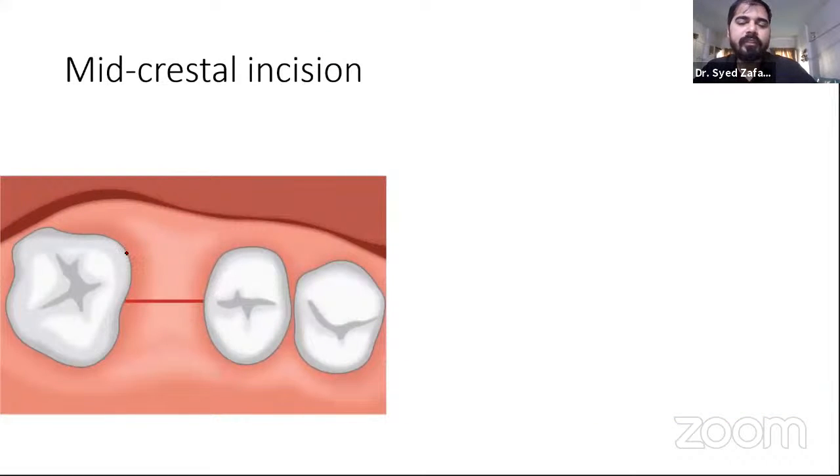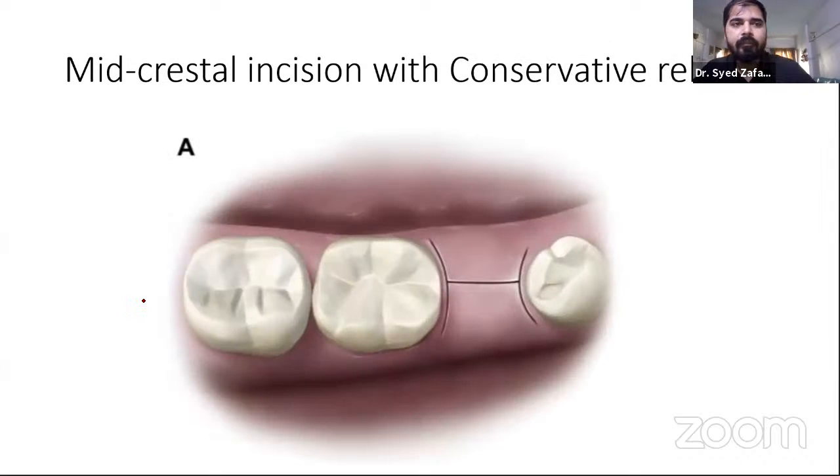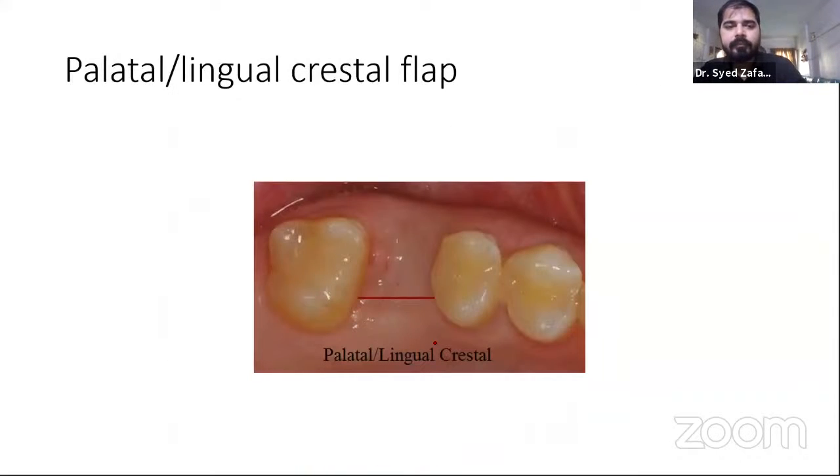Mid crestal incision, mostly we use this kind of incision in our practice. Sometimes we use a conventional incision on one side, or on both sides. Mid crestal incision is on the mid. If you go a little bit palatally, it is the mid palatal incision.